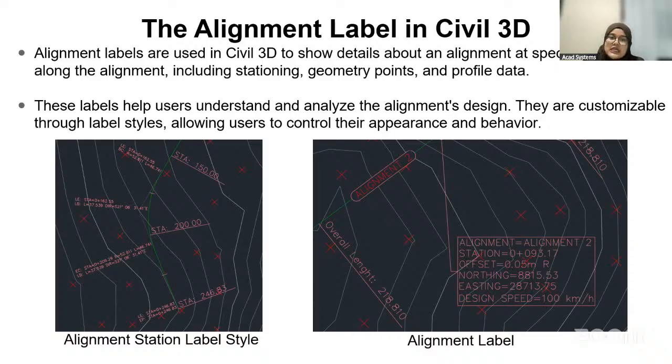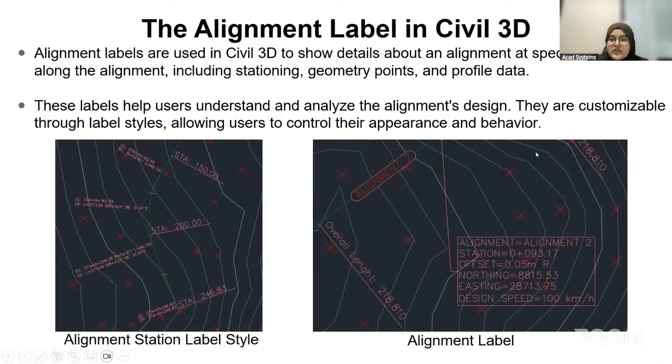This label helps users to understand and analyze the alignment design, and it is customizable, which means you can create a custom label style that follows your requirements, what you want as output from the alignment label. It also allows a user to control the appearance and also the behavior of the alignment.